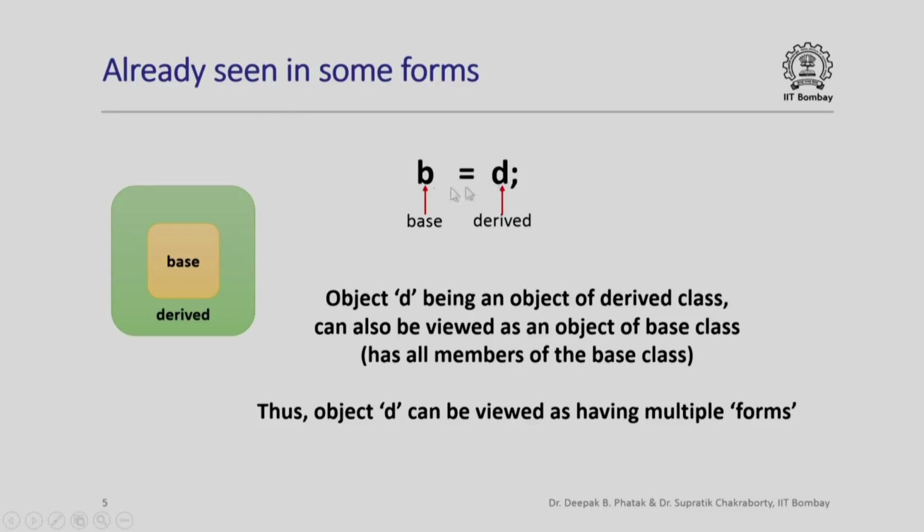In this particular assignment statement, I am going to treat the object D as an object of the base class and only access data members of it which are present in the base class. We have already seen this earlier in a previous lecture. I just wanted to highlight that we have already seen such instances when the same object is treated as either an object of a derived class or as an object of a base class, depending on the context in which I am using it.